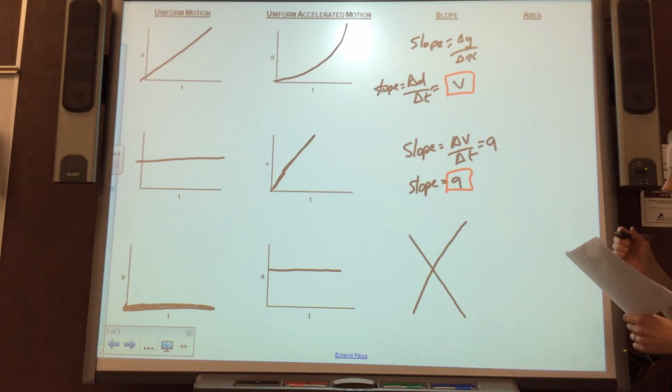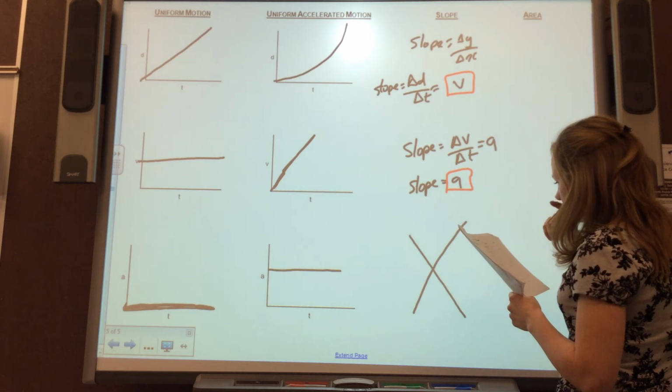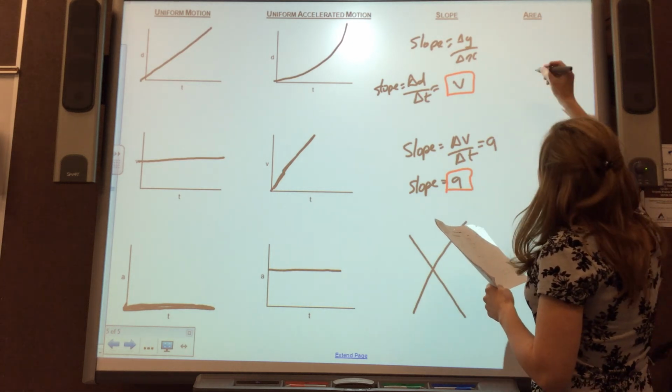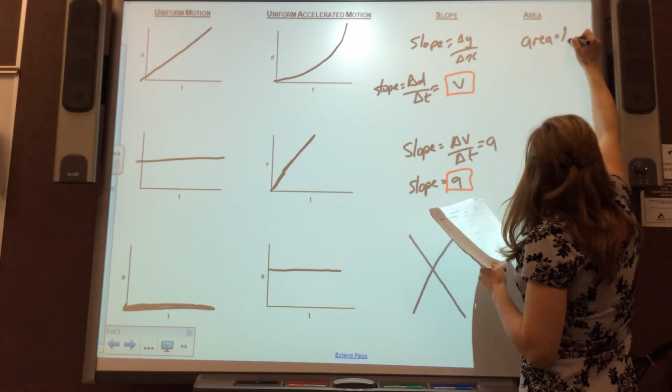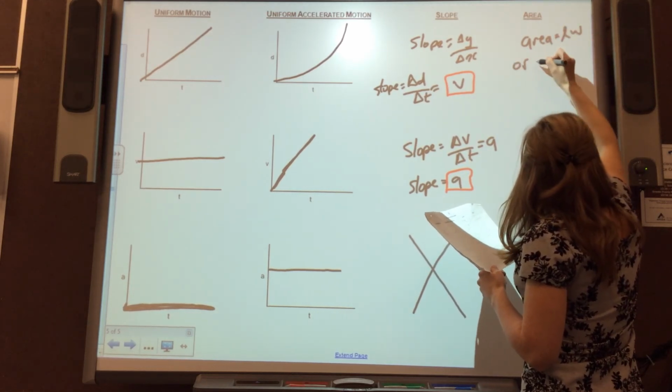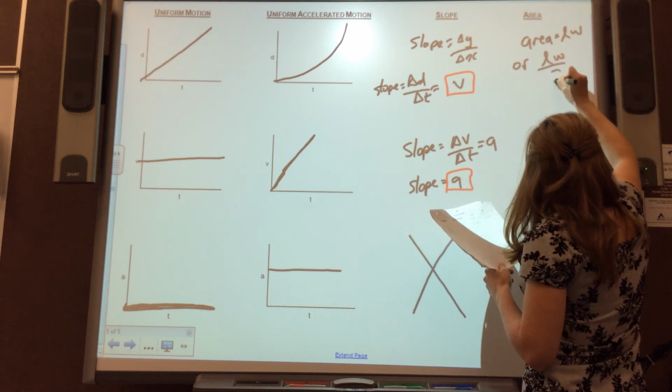So now area. If I was to find area, that's equal to length times width, or if it's a triangle, length times width divided by 2.